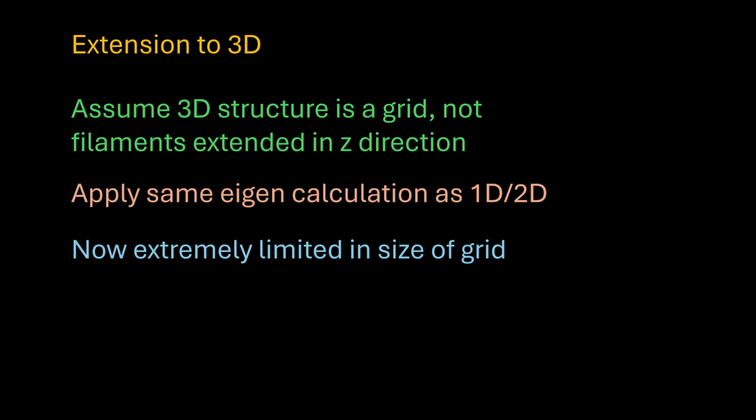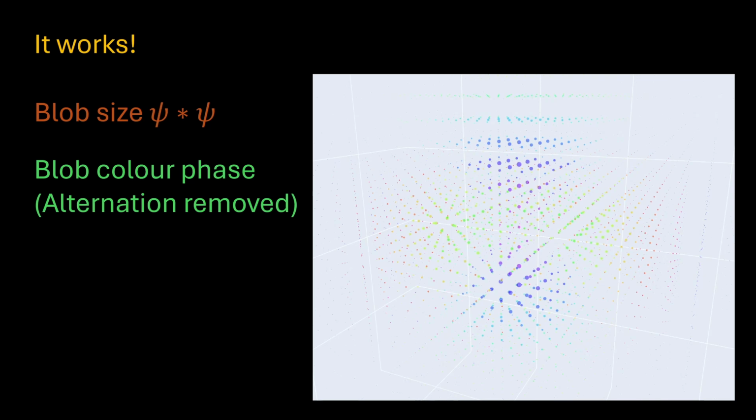Anyway, I managed to get out to a radius of about 26 or 27. And even so, it works. Let's look at some of the results and explain how they are plotted. In these figures, each blob is an FR, and the size of the blob is scaled to the magnitude of the FR squared.